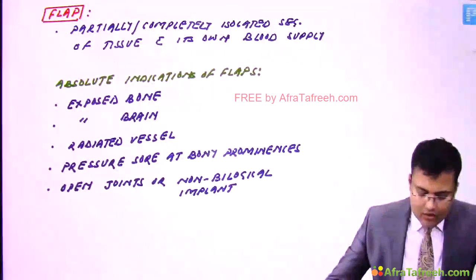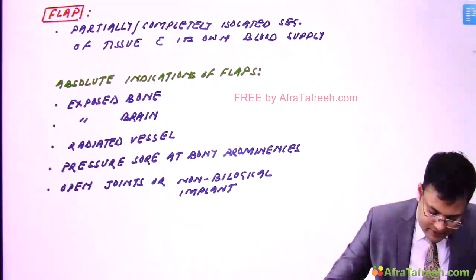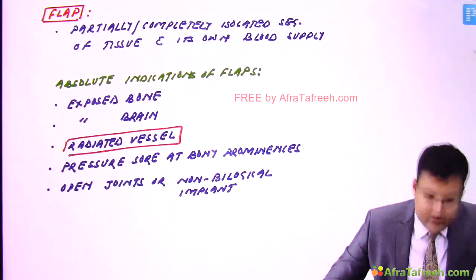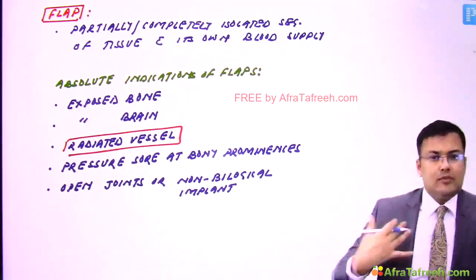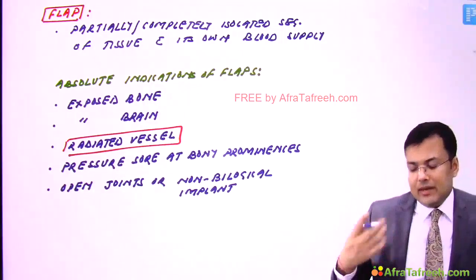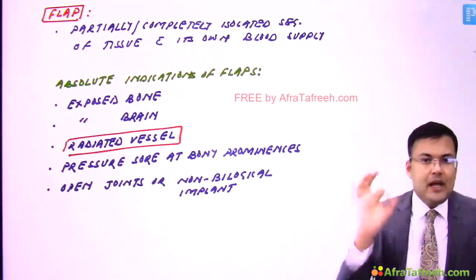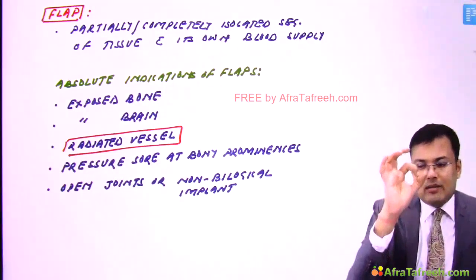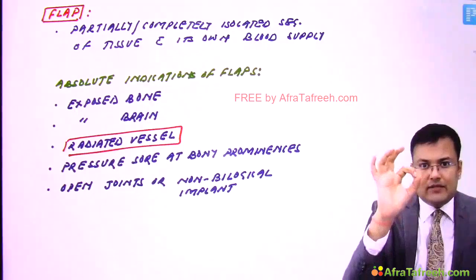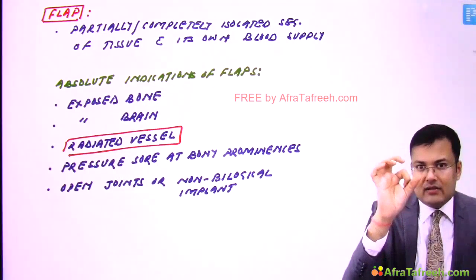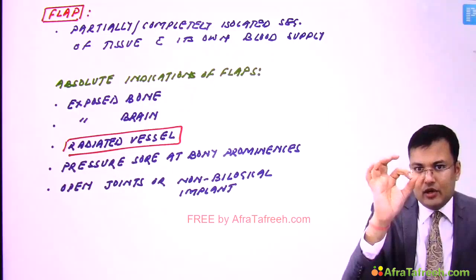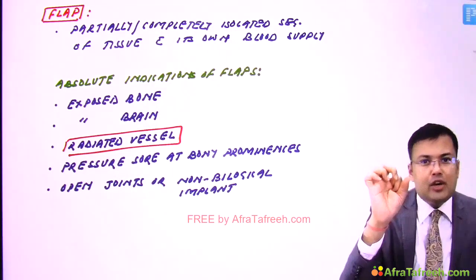Okay. Now, what is the problem if there is irradiated vessel or irradiated field? Suppose in this region I am giving radiotherapy. What is the effect of radiotherapy? After radiotherapy, there is obliterative endarteritis. So can you see, the lumen of vessels is going to be compromised.